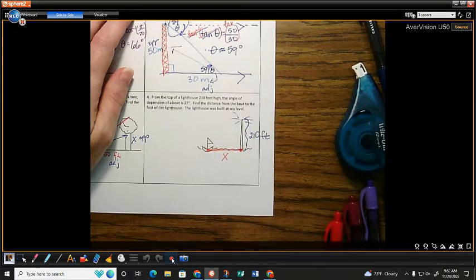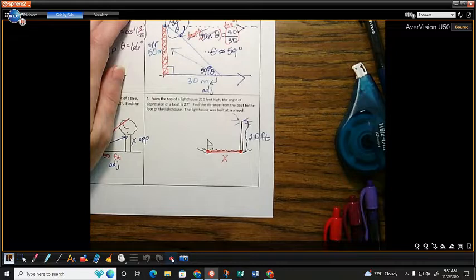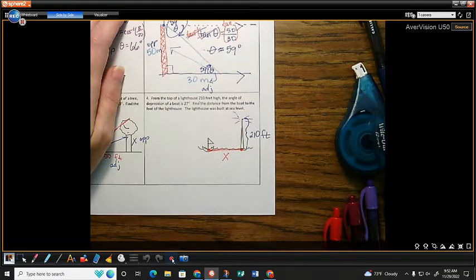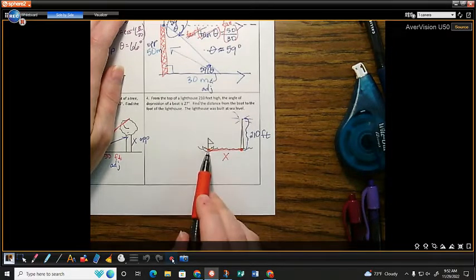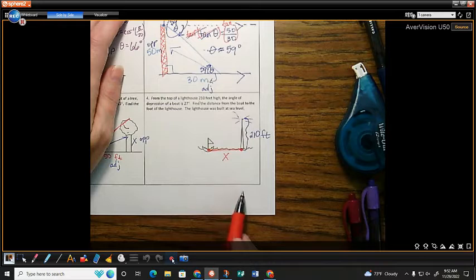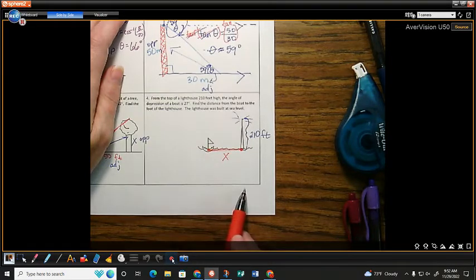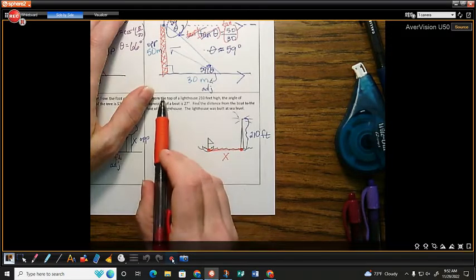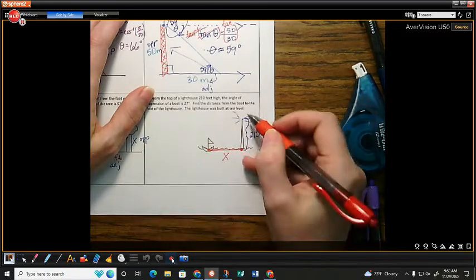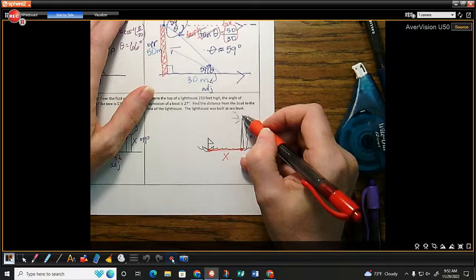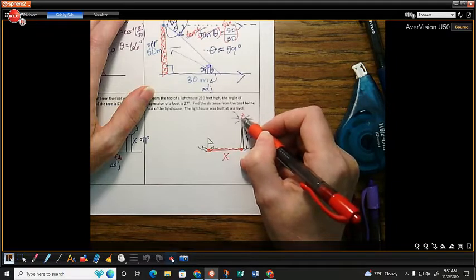I need an angle of depression, so I need a horizontal to do an angle of elevation or depression. So am I going to depress down here? Is that the angle of depression that I want? No, it said from the top of the lighthouse. So you're standing up here, you're the lighthouse person.